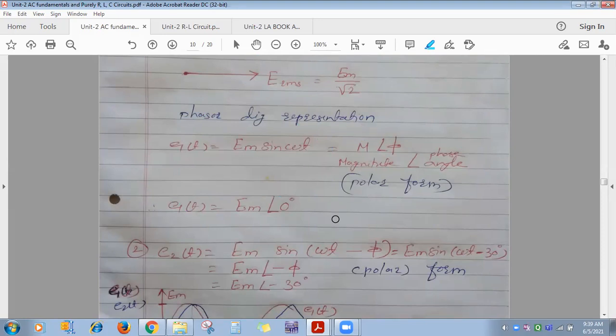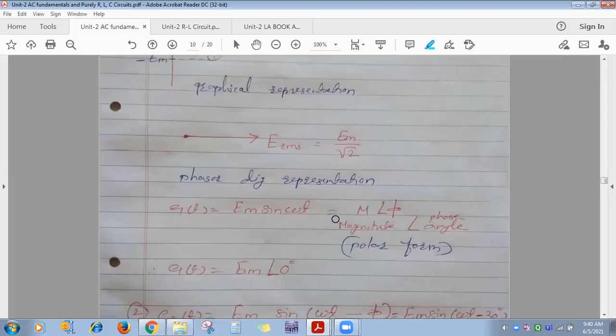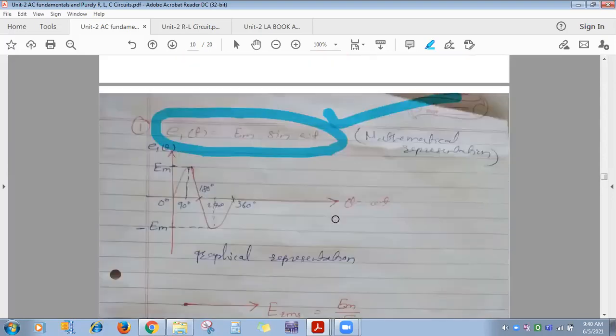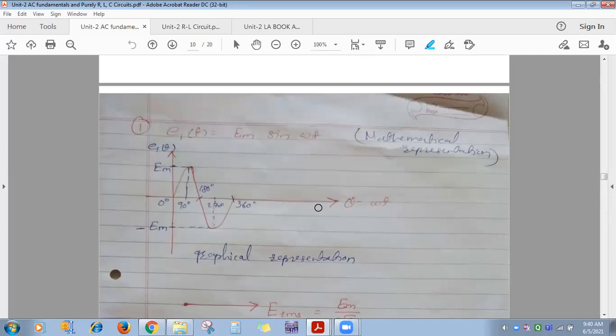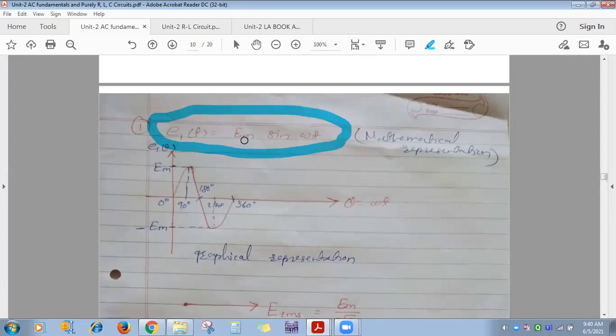Everyone has to concentrate, because you have to use this in the numericals, and more weightage is there for numericals only. If you can't solve the sum on single phase in the second unit, then you can't solve the sum on three phase in the last unit. Everyone please concentrate. This one waveform we have seen a number of times: e(t) equals Em sin of omega t, where the peak is Em and the angular frequency is omega.